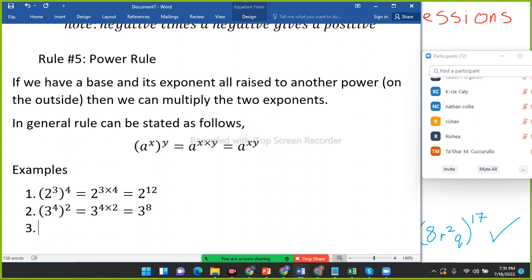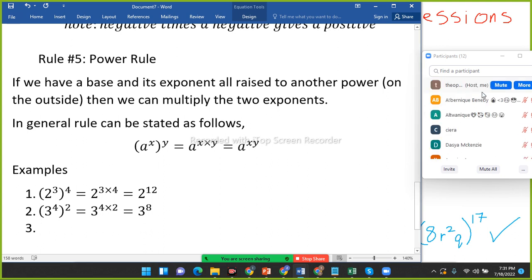Number 3, I want Albernic to help me with this one. If I have, say, 4 to the power of 5 times 3, what's that going to be?